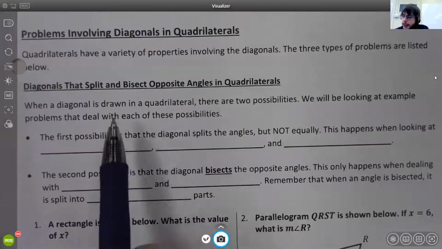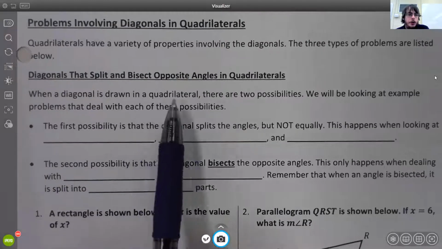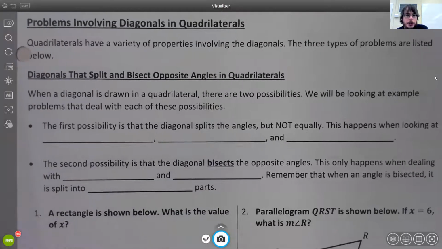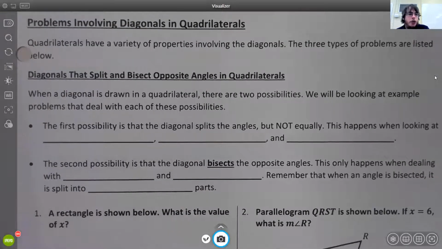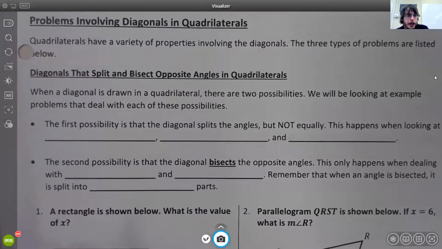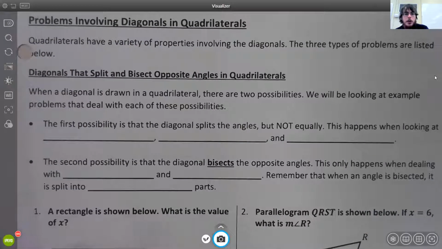Okay. So when a diagonal is drawn in a quadrilateral, there are two possibilities. We'll be looking at example problems that deal with each of these possibilities. The first possibility is that the diagonal splits the angles, but not equally. Any diagonal is going to split the angles and not necessarily in an equal manner.